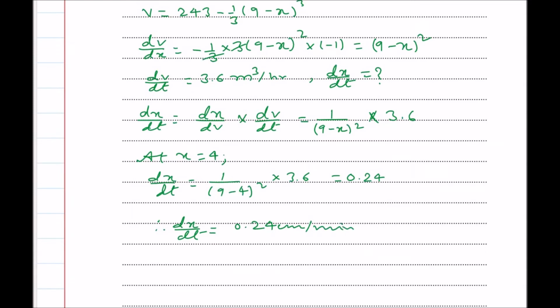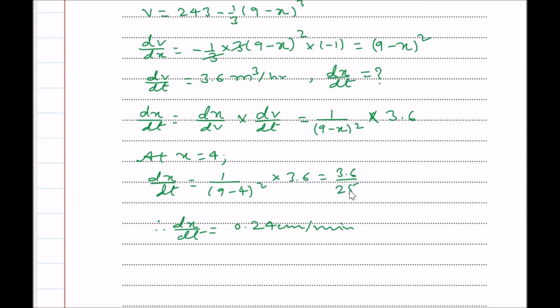Let me show you the steps which I skipped here, so that you understand how we got 0.24. So we have 3.6 by 25, and this will give us meter per hour.